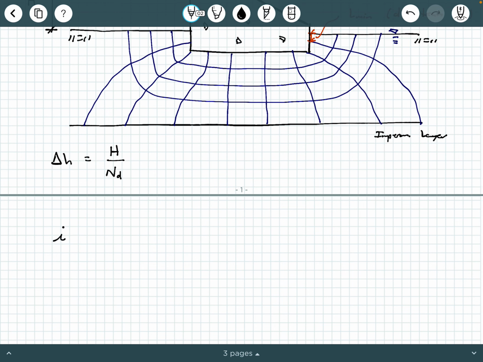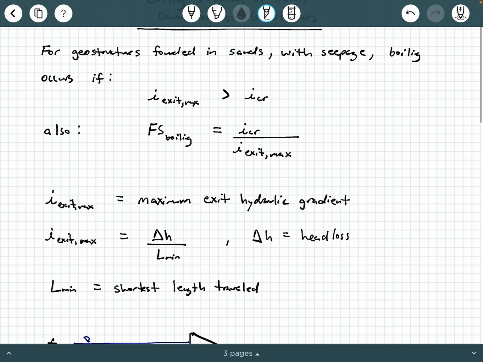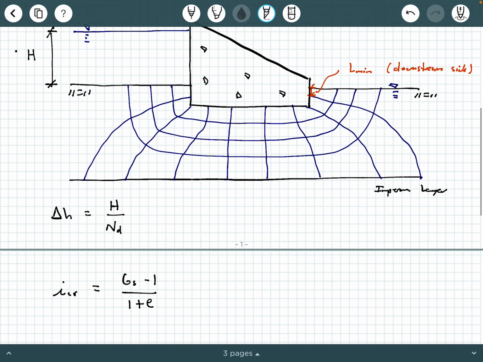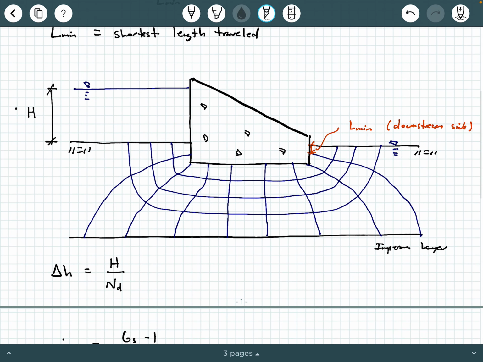Well, I critical is going to be equal to G sub S minus 1 over 1 plus E. That's your critical hydraulic gradient, and that is what goes in the numerator of that factor of safety against boiling. So that's the background information on this topic.